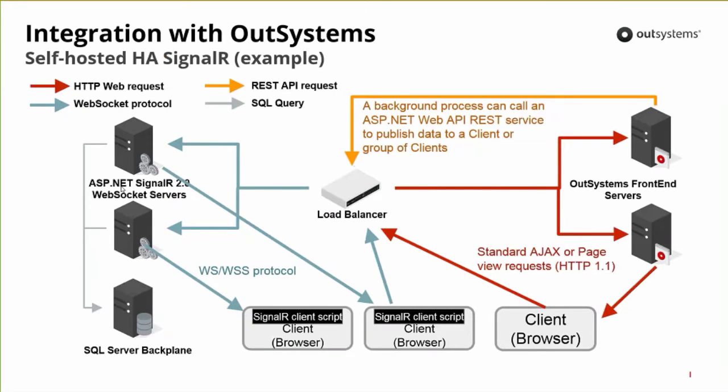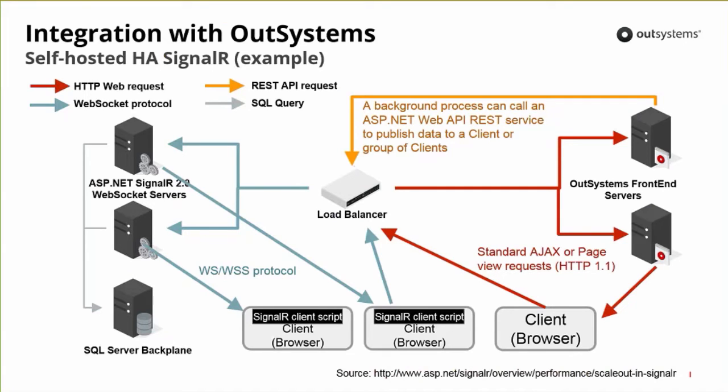As you can see, this configuration is completely different here. In this example, a self-hosted SignalR server cluster is used to implement high availability in the WebSocket farm. SignalR is a framework that supports the WebSockets protocol and can be installed inside IIS or in a standalone .NET web server. In this configuration, it is still recommended to keep the WebSocket servers outside of the OutSystems infrastructure.